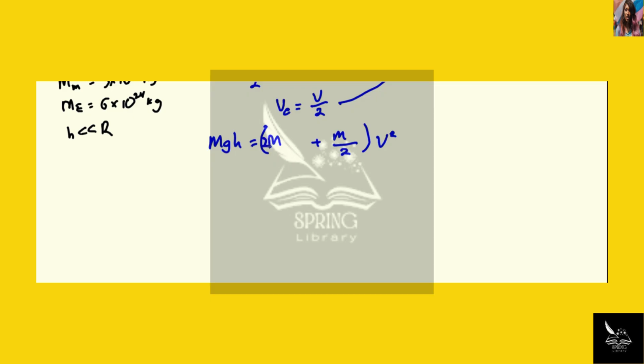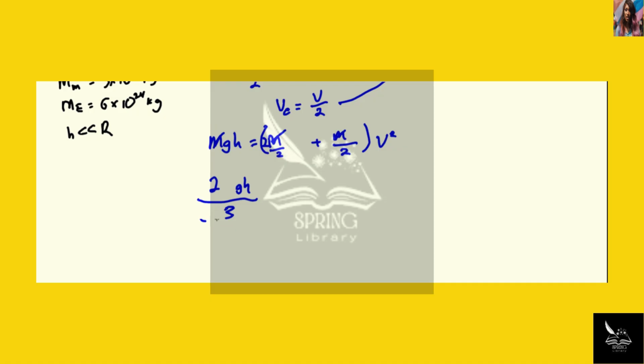It's going to be a 2m over 2. So we're going to multiply through by 2. We're going to get 2mgh over here on this side divided by, we can factor an m out of there as well. We're going to cancel this m, and then we'll have 2 plus 1, or 3 down here at the bottom.